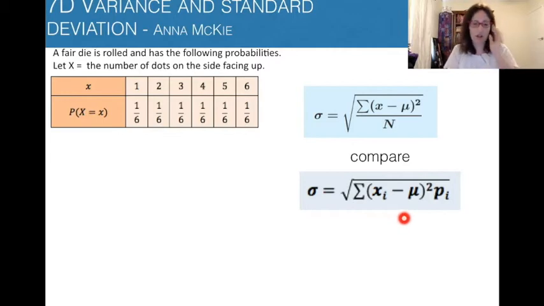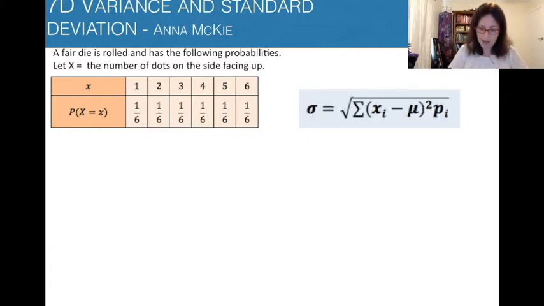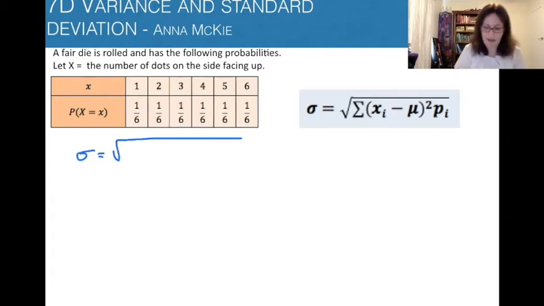I'm just going to show you quickly by hand how that would happen. And notice the similarities here. So we've got the sum, adding them all up, the square root, the square, but this time around instead of n, you have to take into account the probabilities, which is how often each of those things happen. And doing that by hand is here. So we would have an enormous square root sign here, and you start by taking one x number and subtract off the mean.